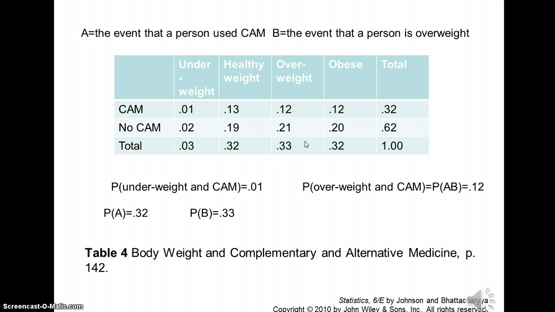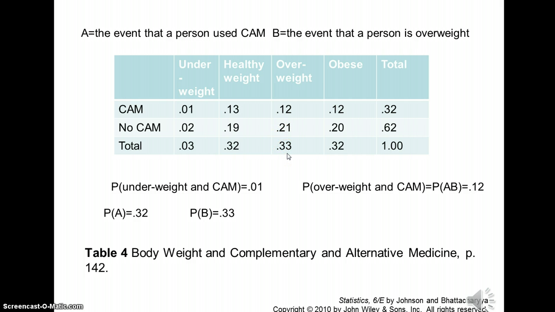If you think of it this way, suppose we have 100 people, and 33 people are overweight. Out of these 33 people, 12 of them use the CAM and 21 people did not use CAM. So to answer part B, out of all these overweight people, what's the percentage who use the CAM? 12 people divided by 33.